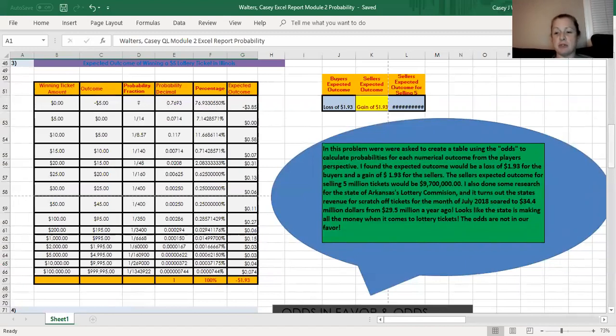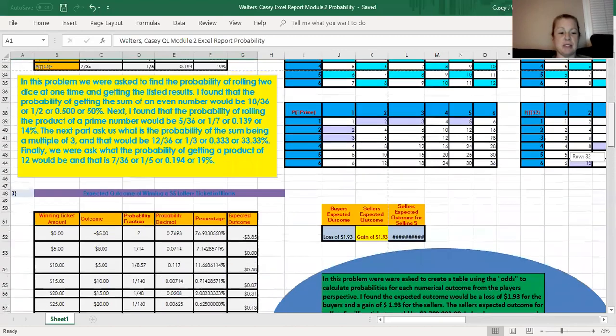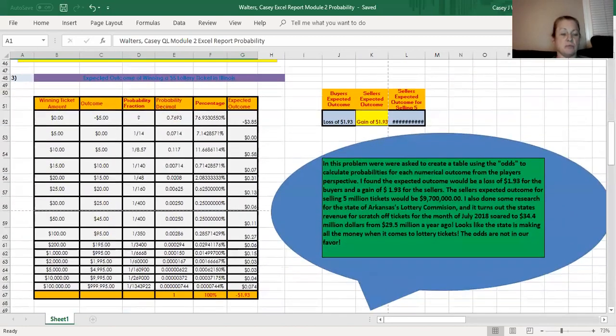Now I have tables over here surrounding this where I put in the first table row the tickets and amounts spent on the tickets, and then the outcomes in the next, and then probability fractions, probability decimal, percentage, and expected outcome.